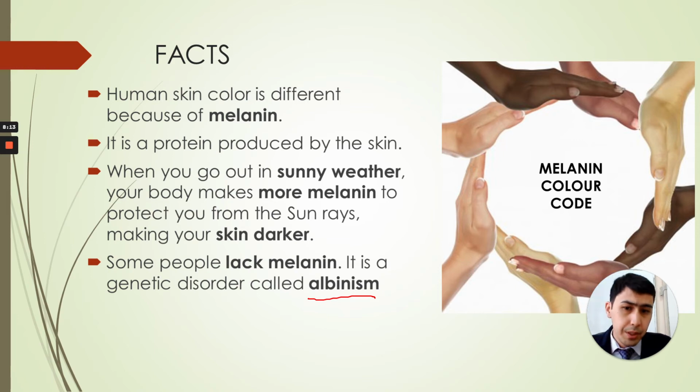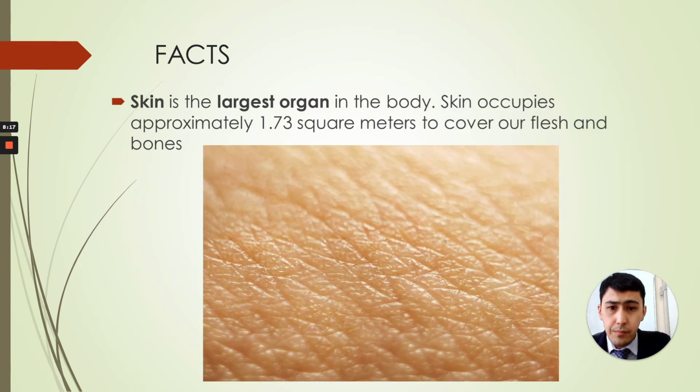That's why it becomes darker. One more fact about the skin is that it's the largest organ in the human organism. It's about 1.73 square meters on average, but it can differ depending on the person. So it is quite large.